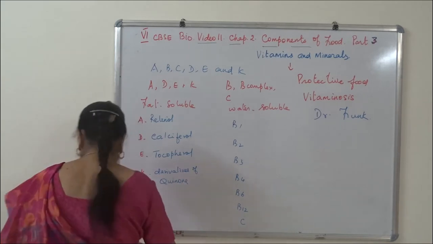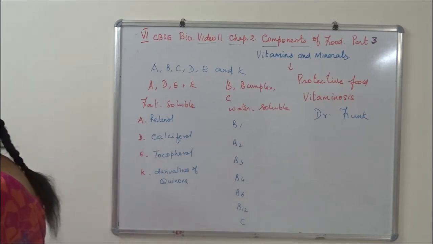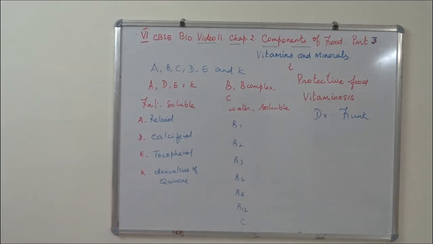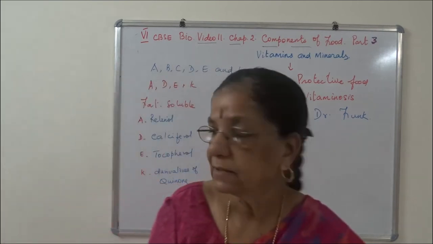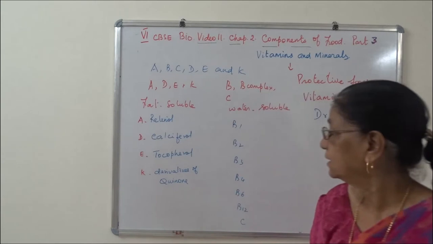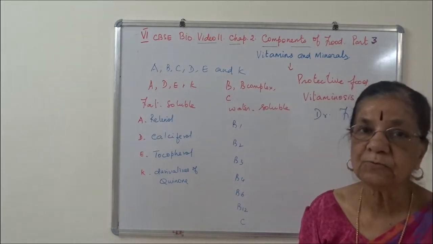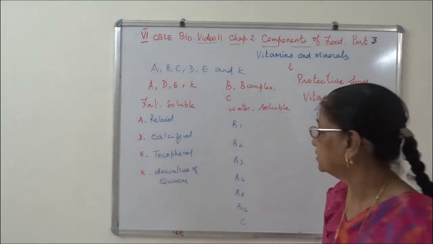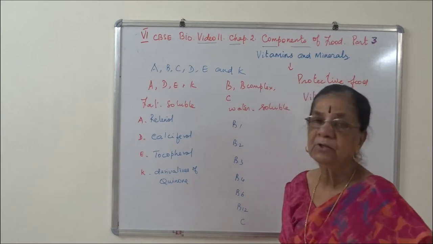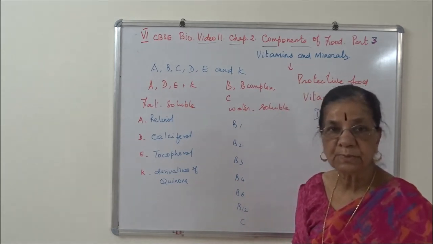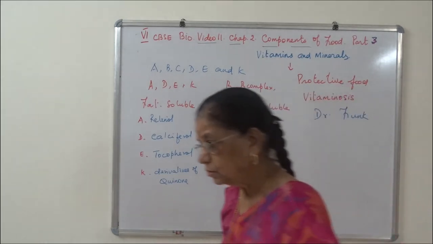So we say the other names for the vitamins are: A is also known as retinol, D calciferol, E tocopherol and K a derivative of phenol. I hope you understand.